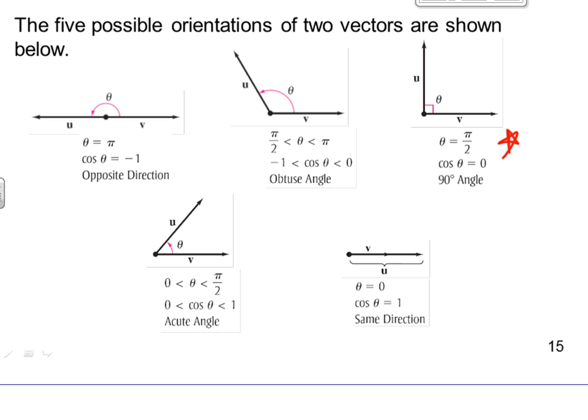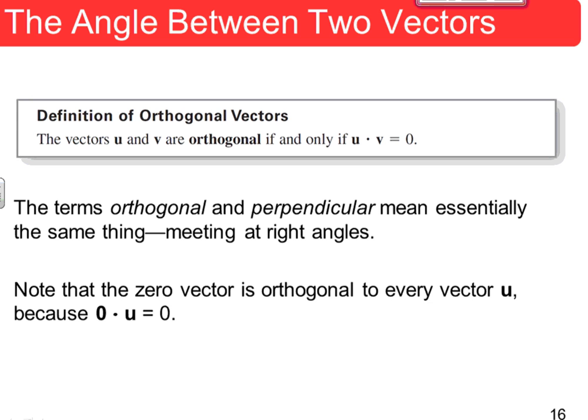And let's see, physics students, do you know the name of when vectors are perpendicular? I don't know. Have you used a word for that? Okay, well, you can tell me if you recognize it when you see it. The word is orthogonal. So this is the definition of orthogonal vectors.